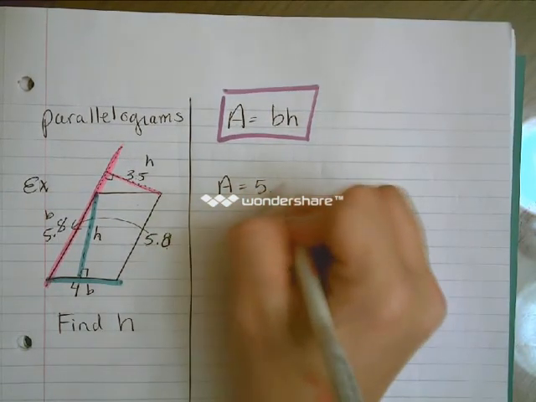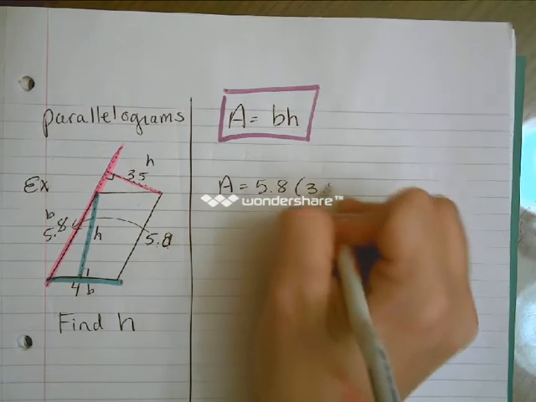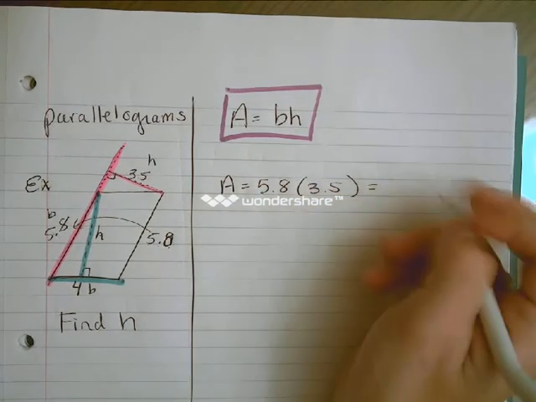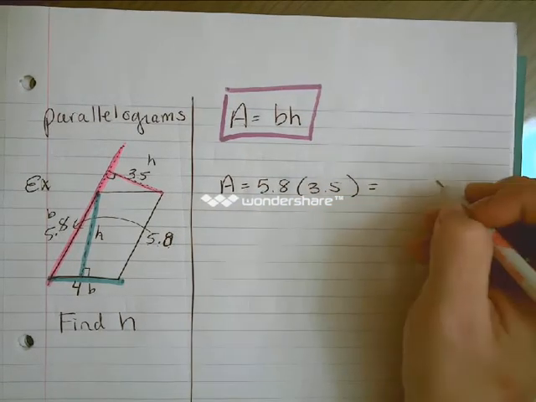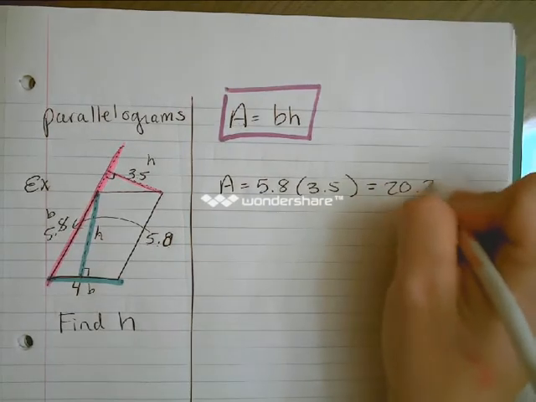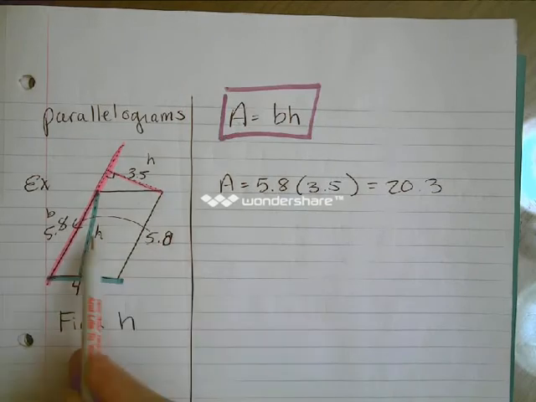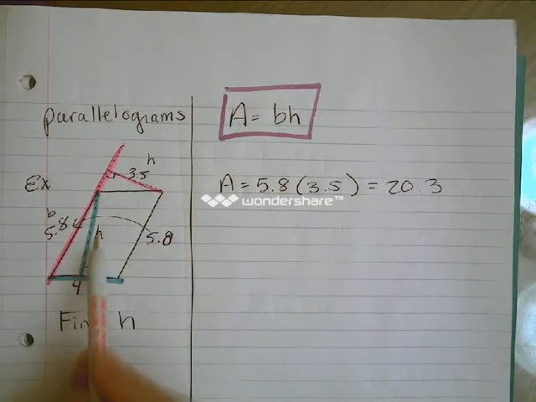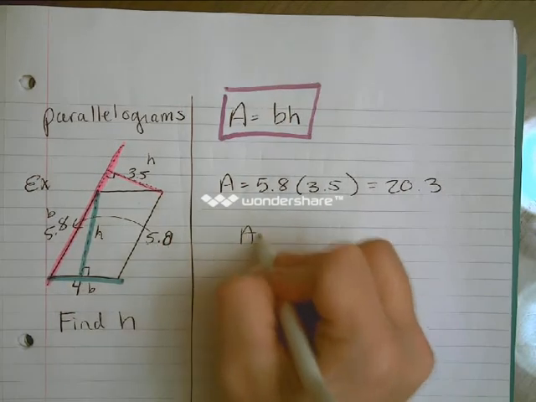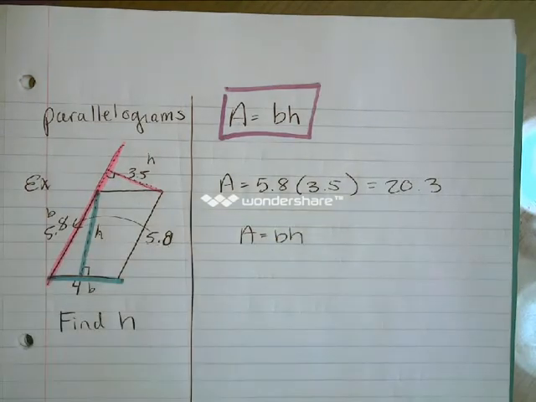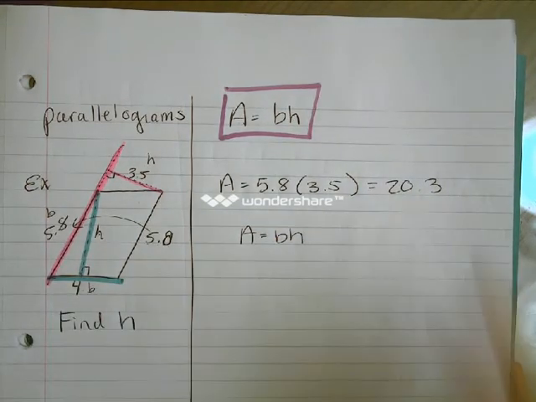Now, let's use this same formula for the blue base and height. Again, let's write out our formula. Now, what do we know? We know the area. We know the base. And we're trying to find the height.